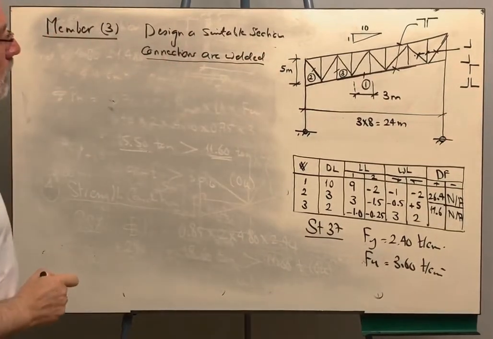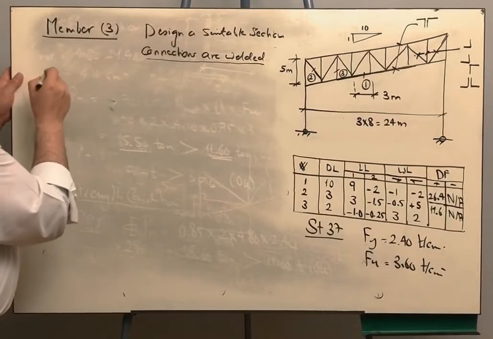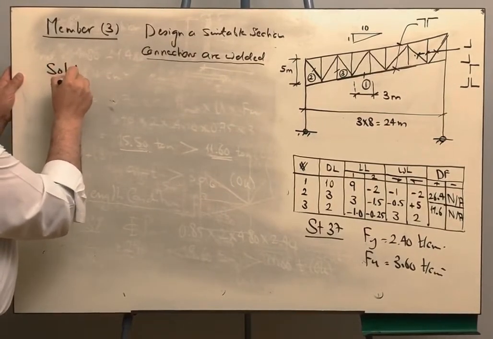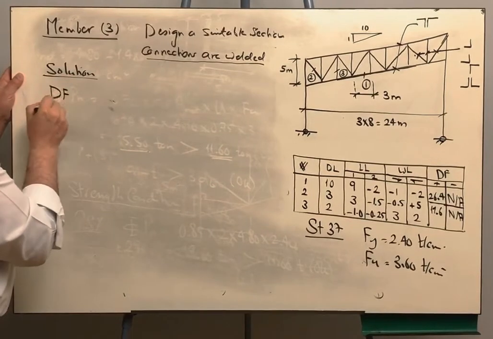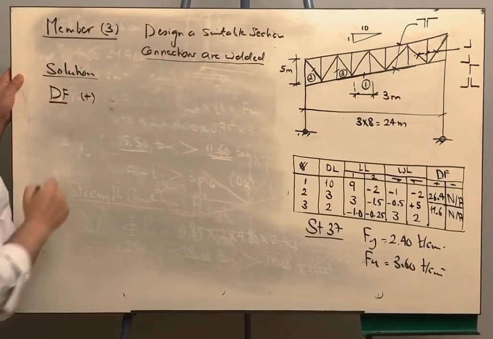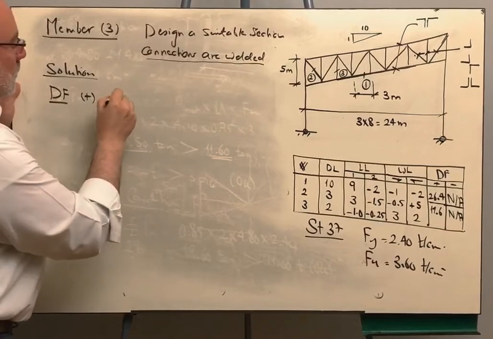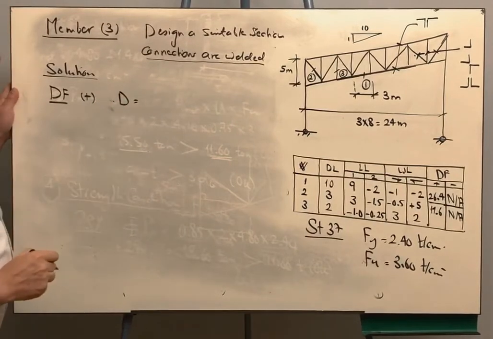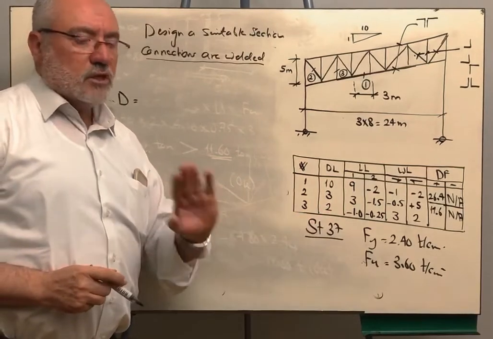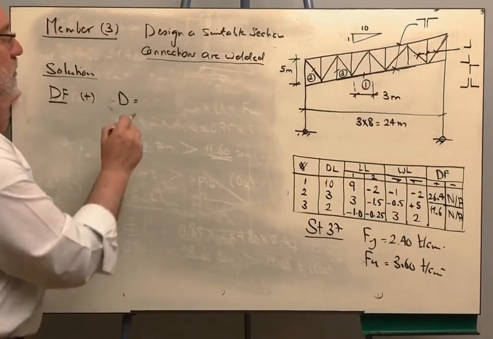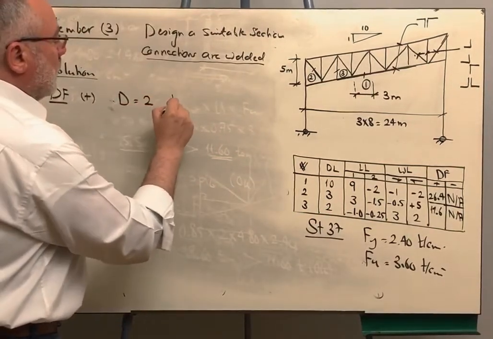Okay? So for member 3 solution, I will have to determine the design force first. For the positive design force, I will have to take the dead load even if it is negative, because the dead load, no one can remove the dead load, so it is 2.